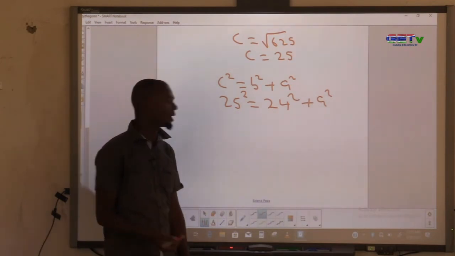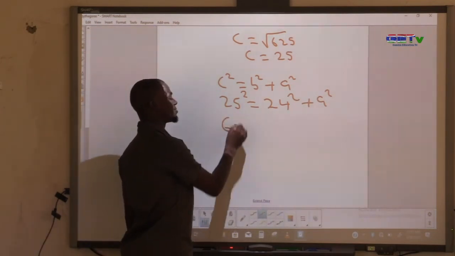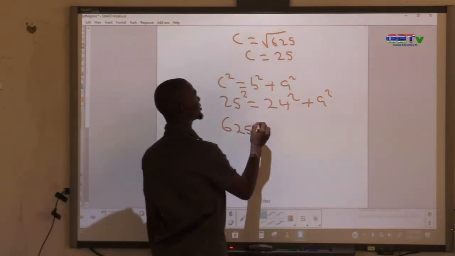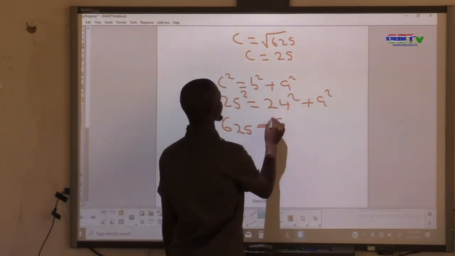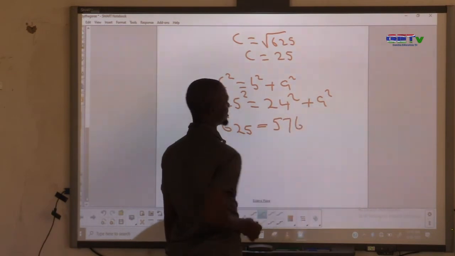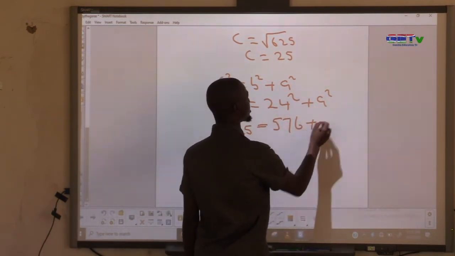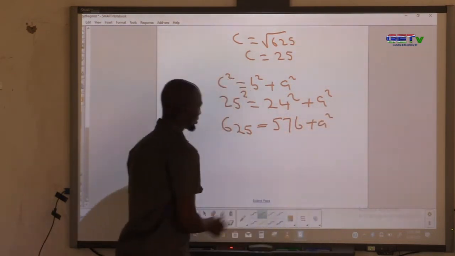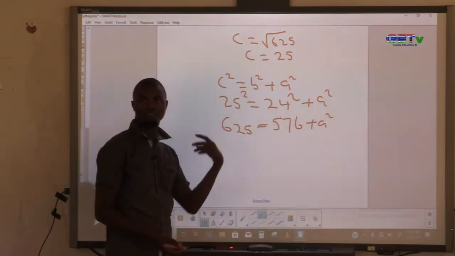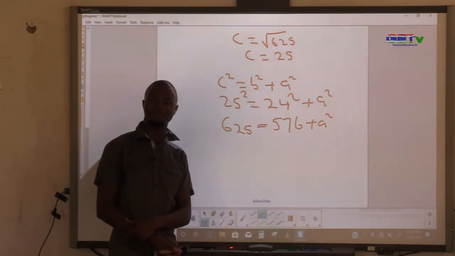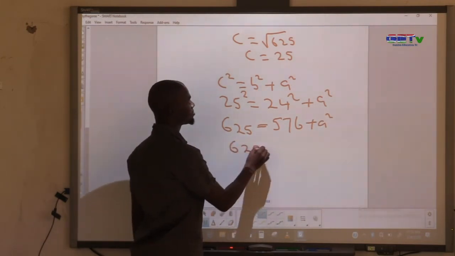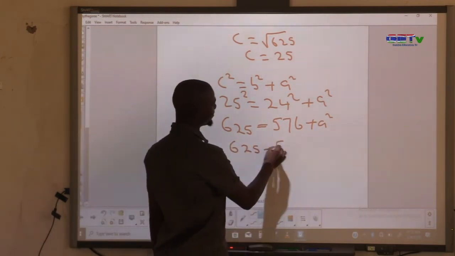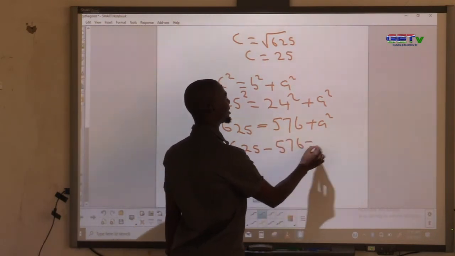So 25 square is 625, is equal to 24 square, which is 576, then plus A square. We transpose the 576 to the 625. We will have 625 minus 576 is equal to A square.